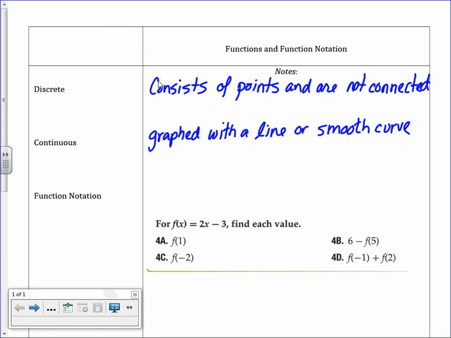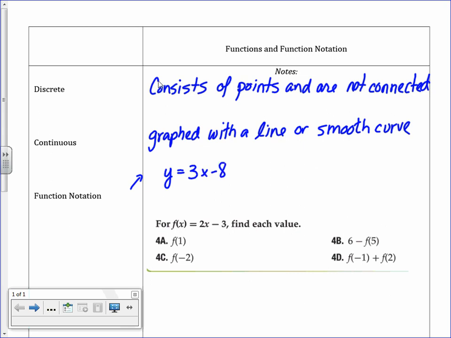The next thing that we want to talk about is called function notation. What you're pretty much used to are functions that are generally written as this: y equals 3x minus 8.